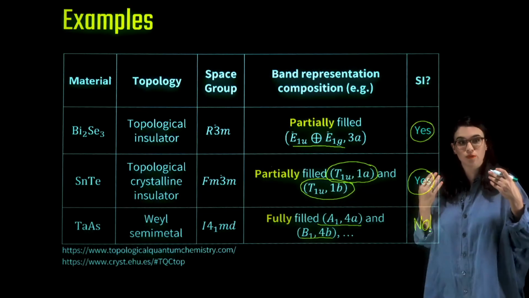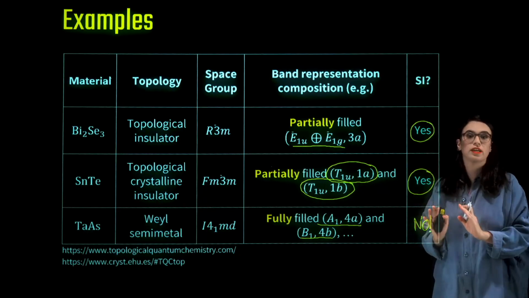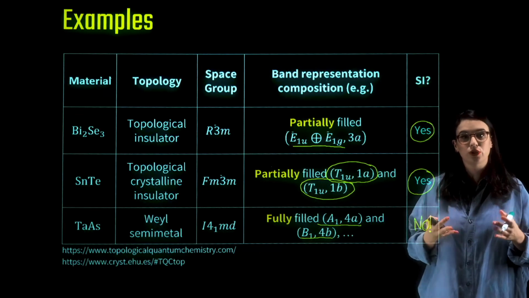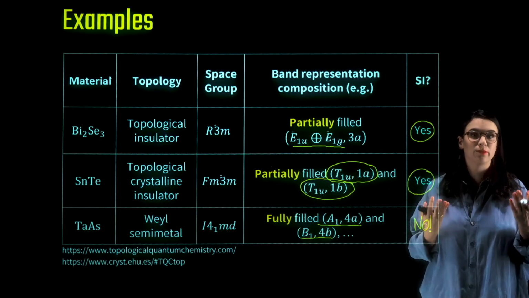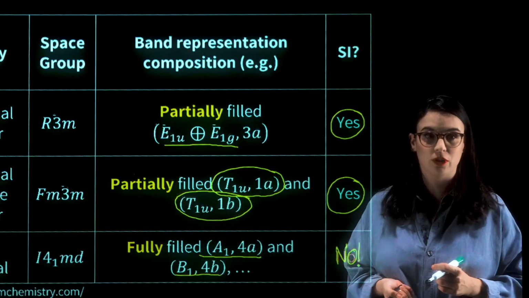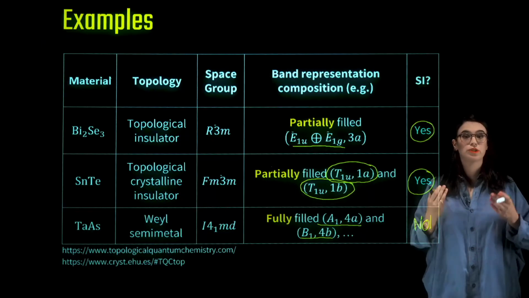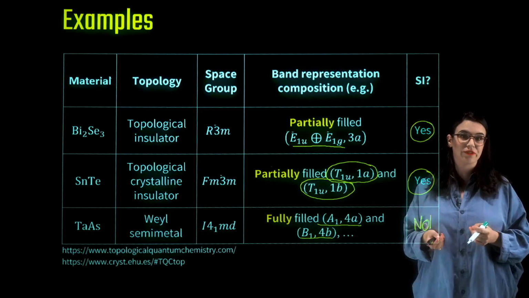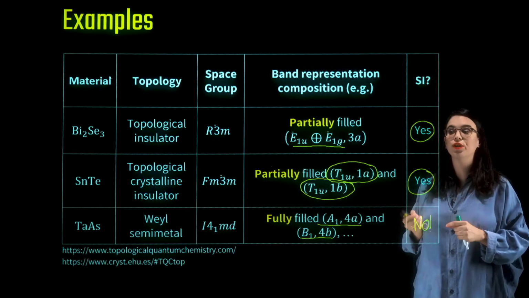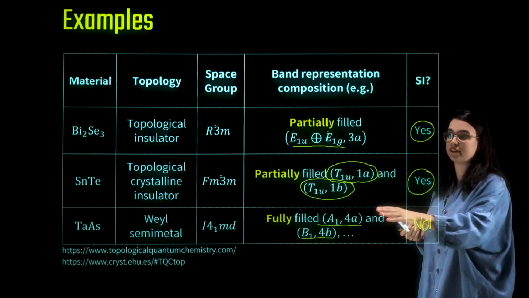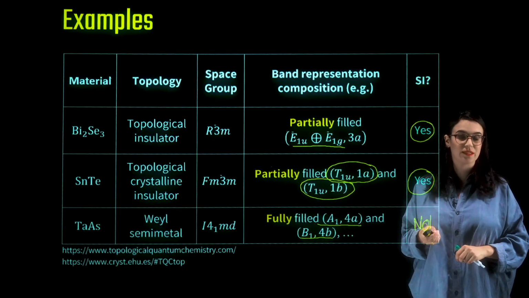This comes as a word of caution that this shortcut may not always be taken, and sometimes you actually need to know the entire information about the wave functions in order to know about the topology of a system. So I'd suggest you get your hands dirty and actually compare the tables of elementary band representations with the tables of symmetry representations of specific materials that you will find on these websites.